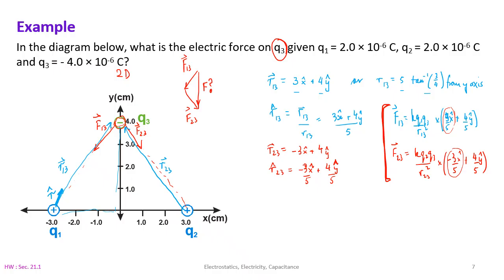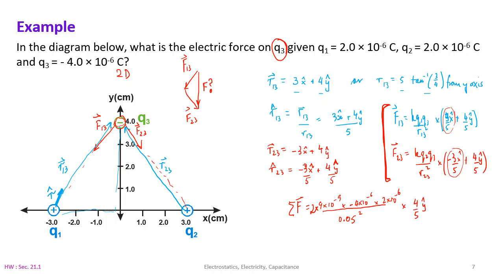And our net force is going to be, let me see, Q3 is negative, so we're going to have 9 by 10 to the power of 9 by minus 4 by 10 to the minus 6 by 2 by 10 to the power of minus 6 over 0.05 squared, and we know that in this case it's going to be 2 times 4 on 5 y hat.